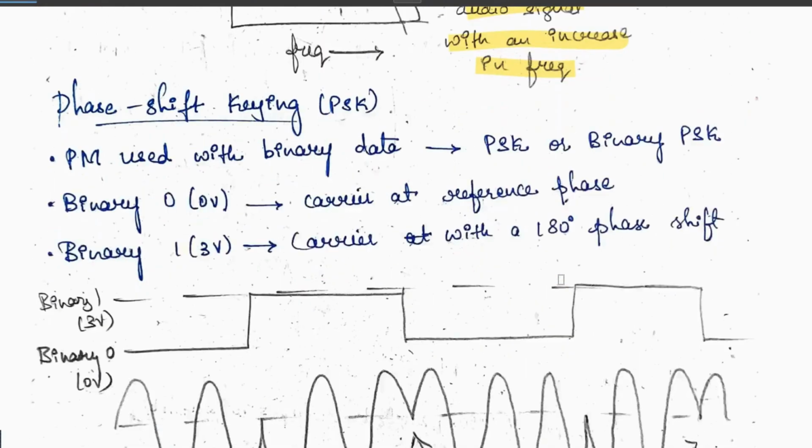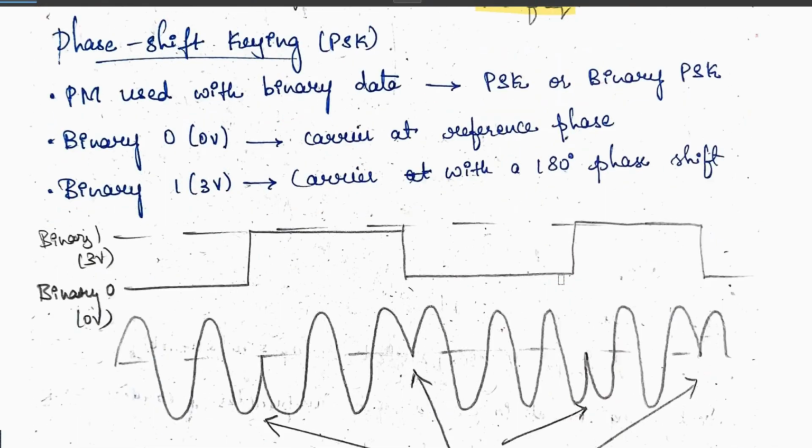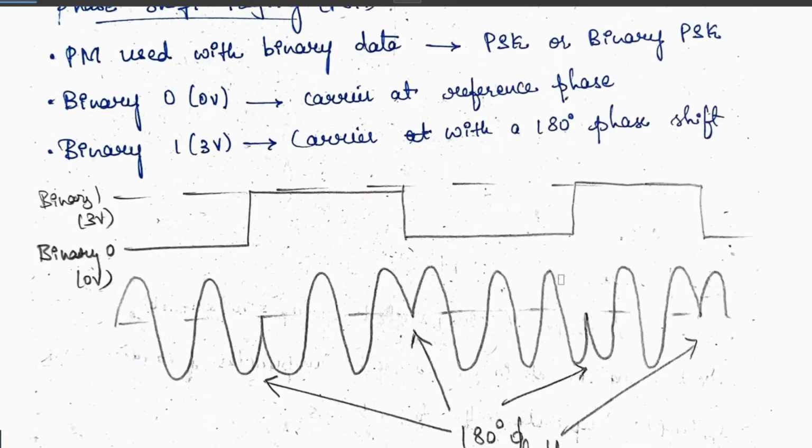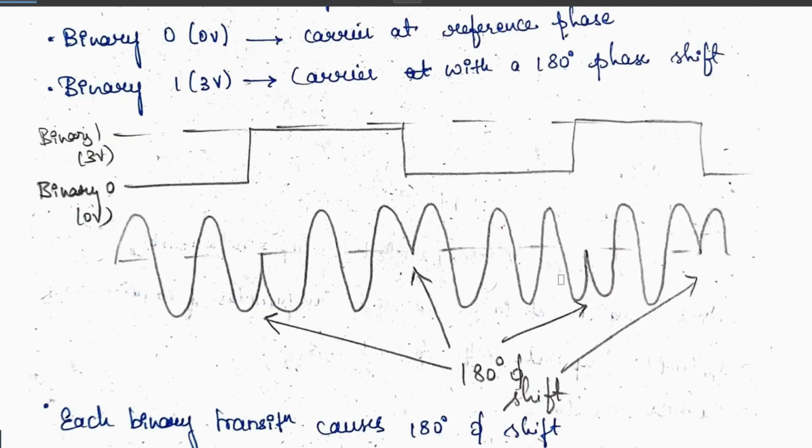Next is phase shift keying. This is a concept where PM is used with binary data, PSK or binary PSK. Binary 0 means 0 volts. Binary 1 means 3 volts. Either this or this. This is the carrier at the reference point. This is the carrier with a 180-degree phase shift. You can observe, here it is 1 and here it is 0.